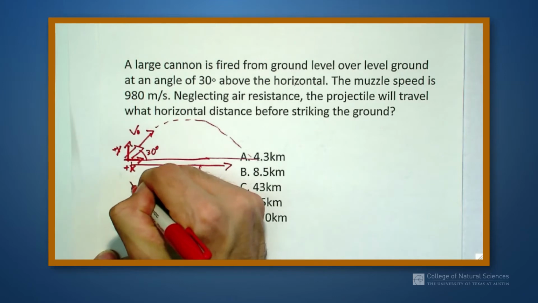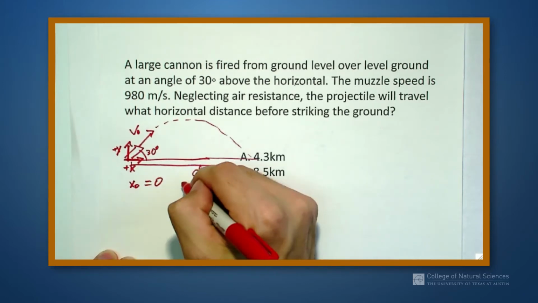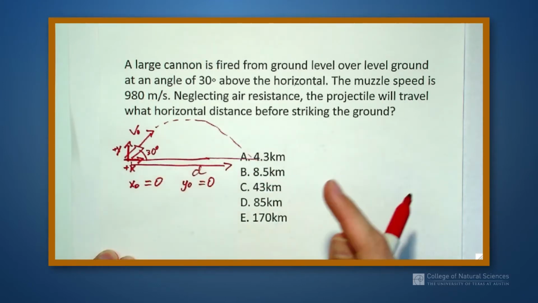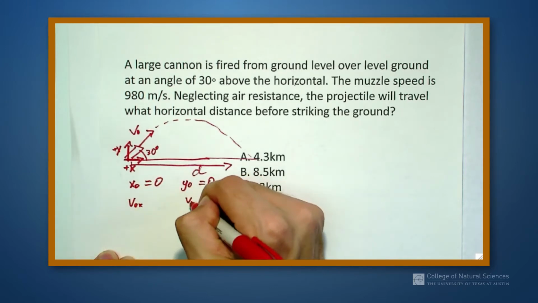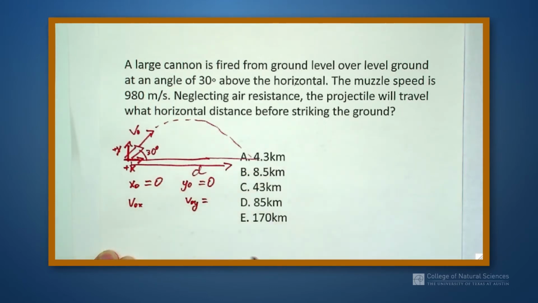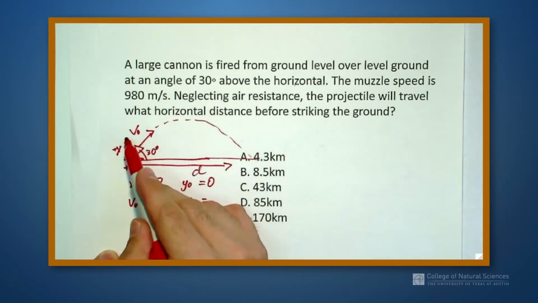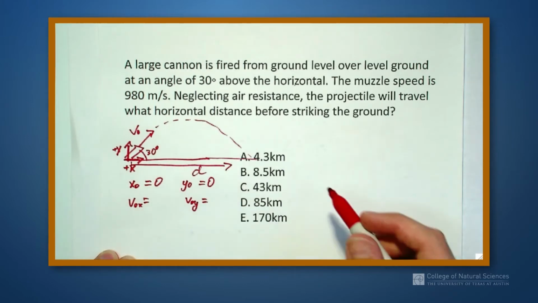I know that my initial position is 0, 0. My cannon fires at 0, 0. My initial velocity in the x direction and my initial velocity in the y direction are going to be related to some initial velocity that we're given.